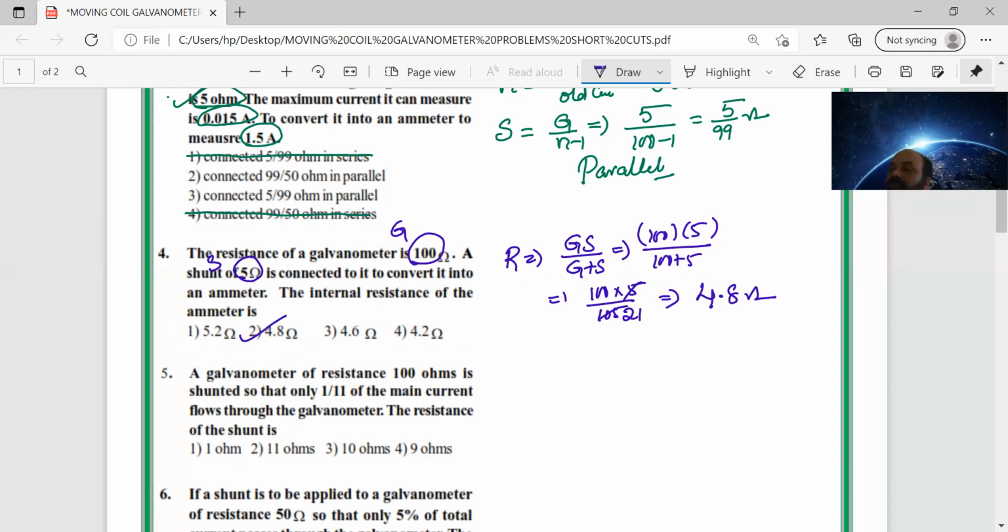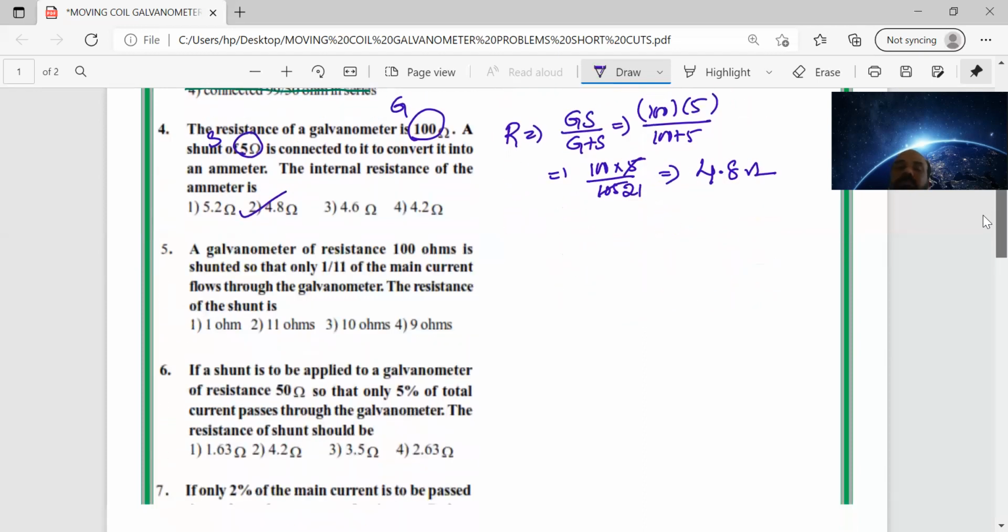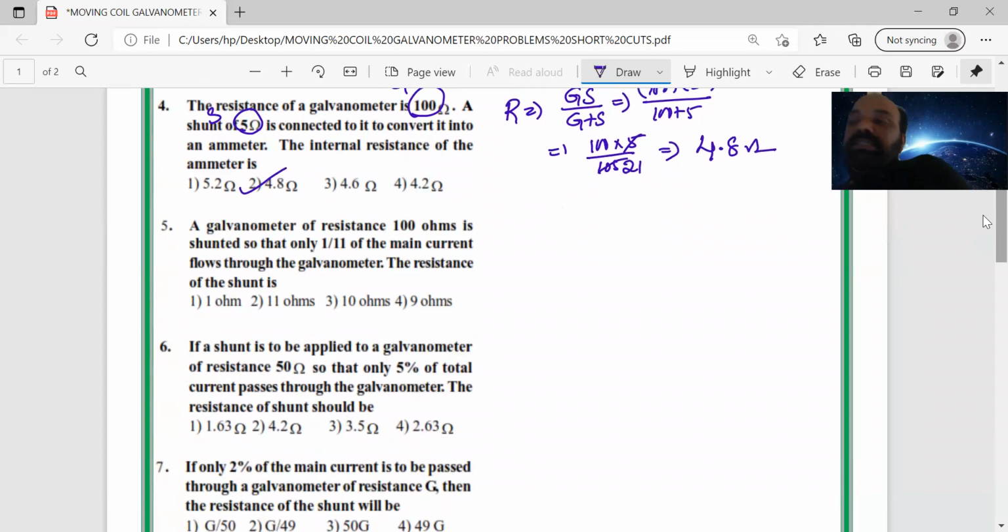Now the next problem. A galvanometer of resistance 100 ohm, again G value is given as 100. So we can write 1 by N is equals to 1 by 11. So N value is 11.